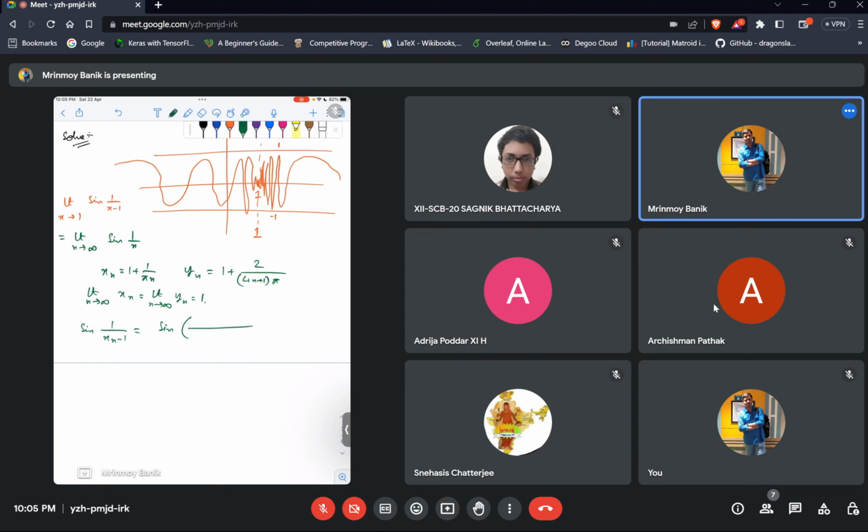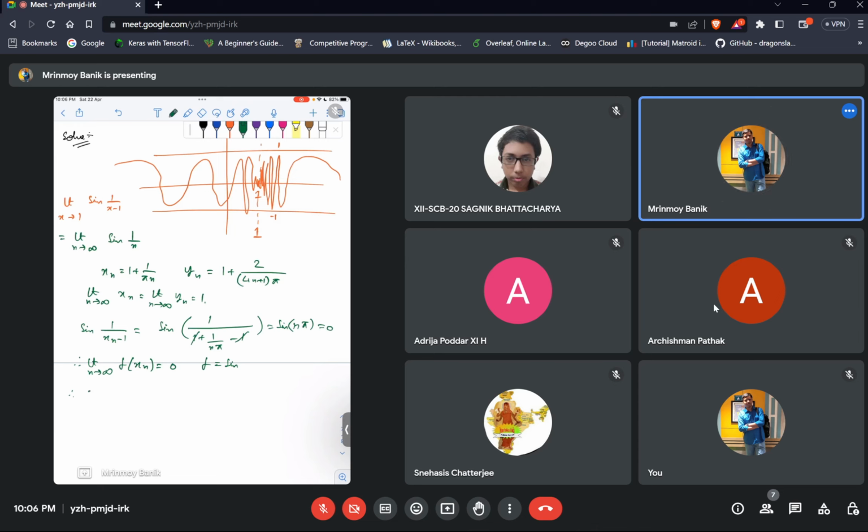Okay, let me write it once. The sine of n pi is 0. It's always 0, so the limit has to be 0, right? Therefore, limit n tends to infinity f of xn is equal to 0, where f is sine.